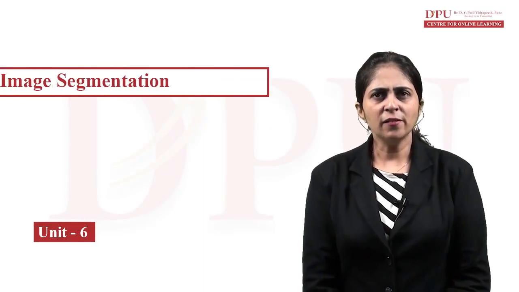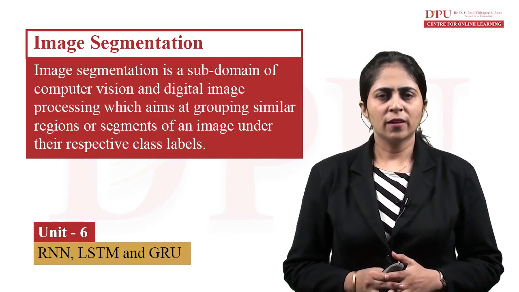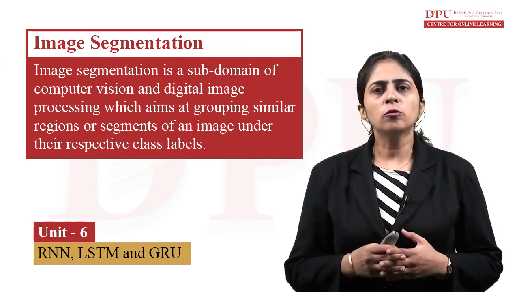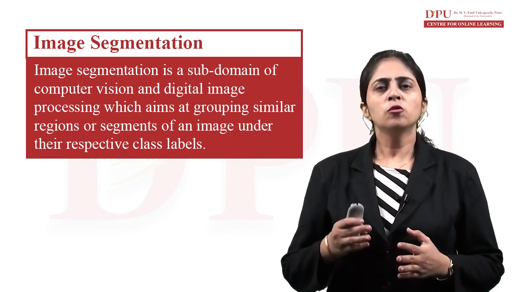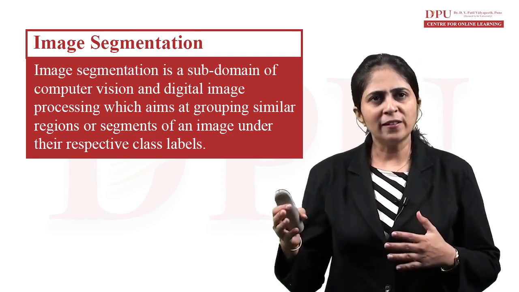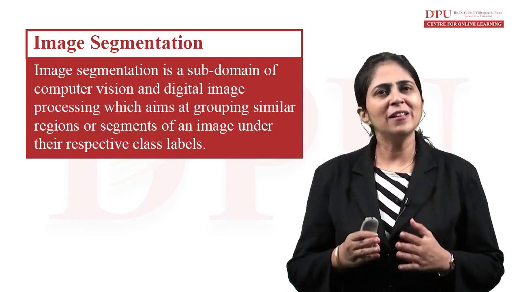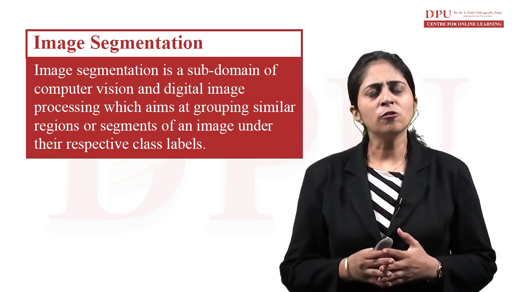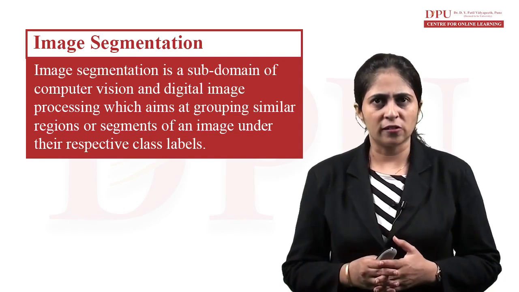Image segmentation is basically a subdomain of computer vision. Nowadays we are using computer vision in various fields, and for that we require a subdomain, image segmentation. We can also say it is a subdomain of digital image processing.